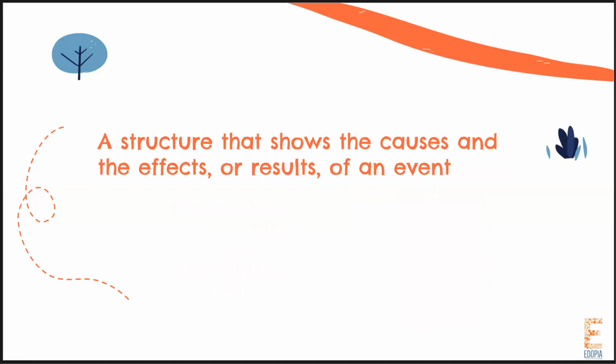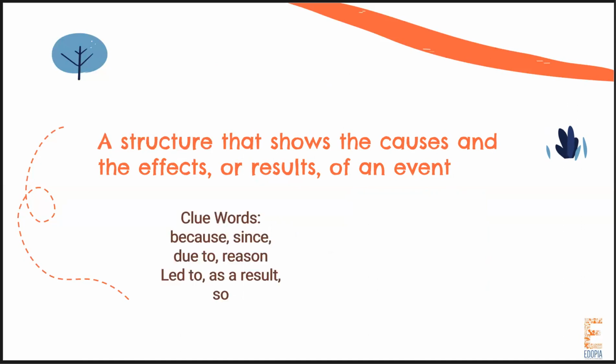Moving on. Now, suppose a writer told about an event that occurred and discussed why the event took place, and might even give you keywords that give clues about this type of text, like because, since, due to, reason, lead to, as a result.